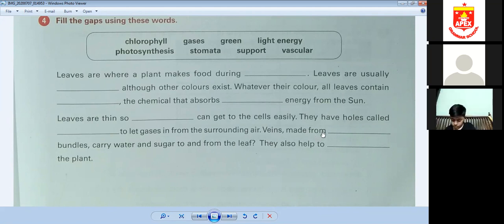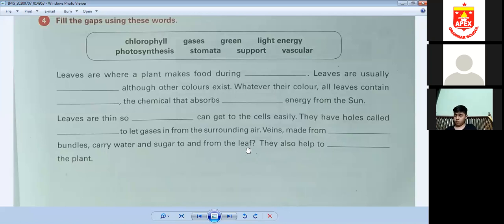Veins are made from vascular bundles. Vascular bundles carry water and sugar to and from the leaf. They also help to support the plant.